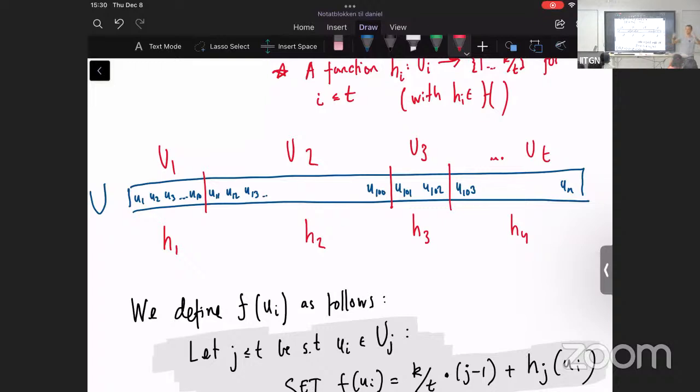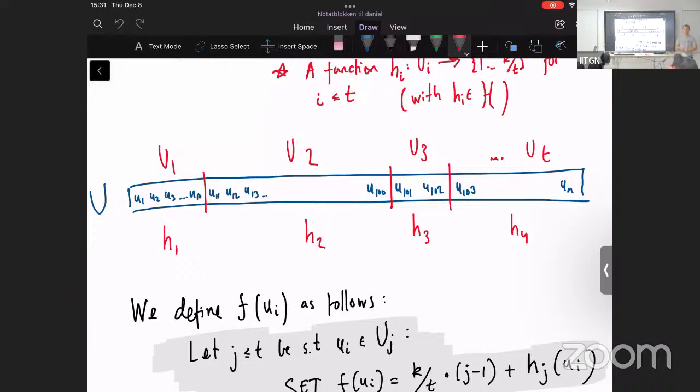I don't know where it is, but I know that there is some contiguous k partition that will split my unknown set up into pieces of size at most k over t. I just go from left to right until I've eaten k over t things of the set. Then I keep going from that point left to right until I eat k over t more things from my set. Now the point is I don't know where the set is, which is why I try all possible contiguous k partitions, with the knowledge that one of them will be the right one.